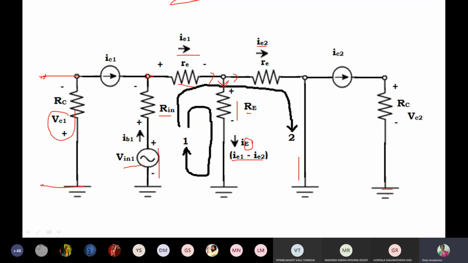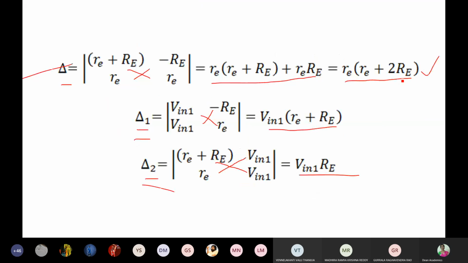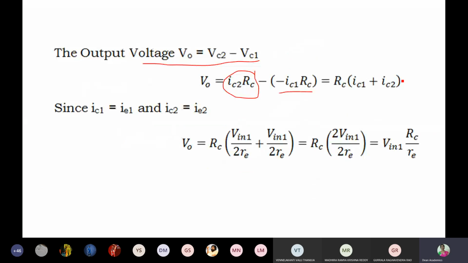Here on this side you will get plus only. That's why our V0 is equal to IC2 RC minus IC1 RC, because IC1 direction is in the other direction, so the voltage drop across the resistor will be in this direction. With respect to ground, therefore, we have written minus IC1. I hope by seeing that circuit you got clarity here. So minus IC1 RC.